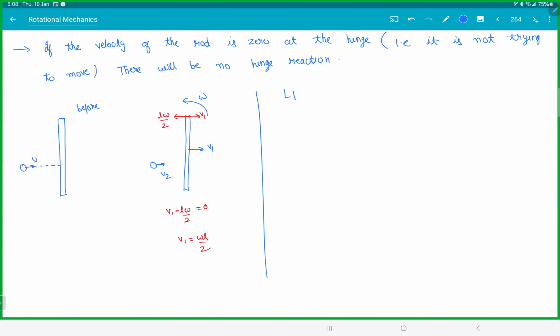Then let's conserve angular momentum about the hinge. Again, you can take any point here. Or let's take the point of collision only. Remember, this thing is L by 2. So this guy will be x minus L by 2.